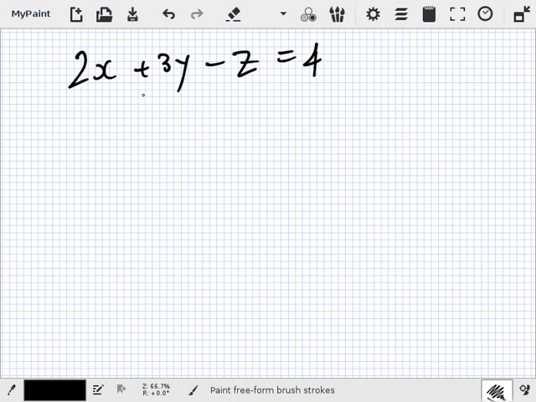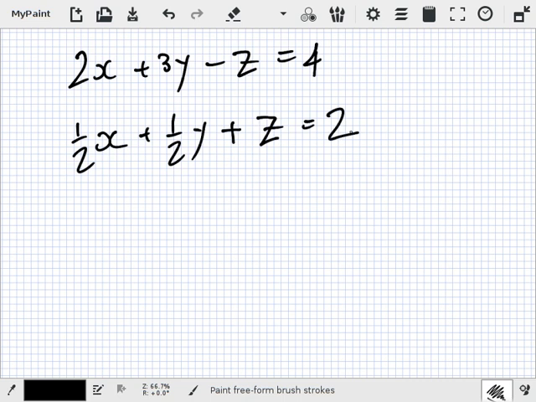Fine. Hold on. A half x plus a half y plus z equals 2.